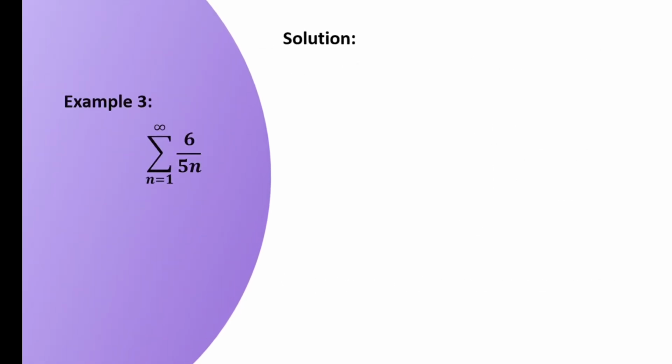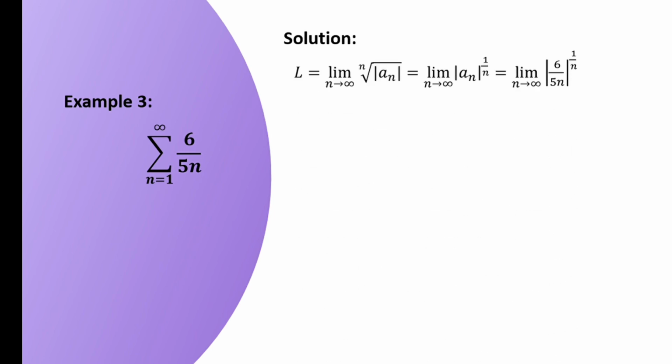For example number 3, we have the summation of 6 over 5n where n is equal to 1 and it approaches infinity. To get the limit, we have the formula L is equal to the limit of the nth root of the absolute value of a sub n as n approaches infinity, which is also equal to the limit of the absolute value of a sub n raised to the power of 1 over n as n approaches infinity.